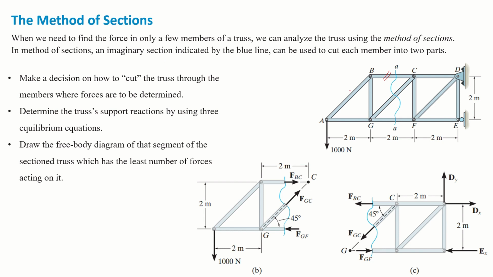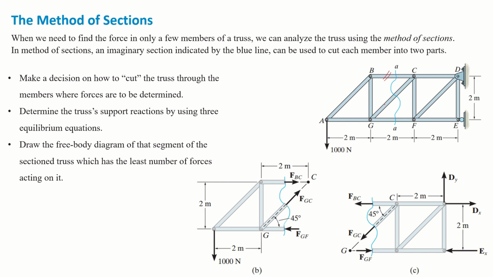In this method of section process, we can easily find the force in any member of our truss. Whereas in the method of joints, we need to find forces from each joint, and that could be a lengthy process.